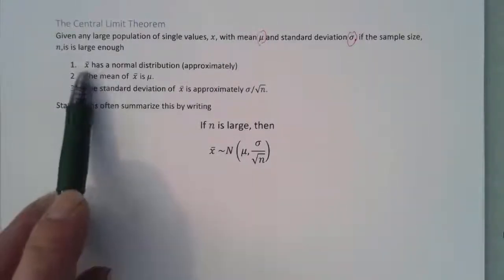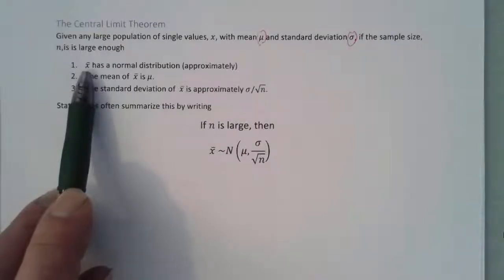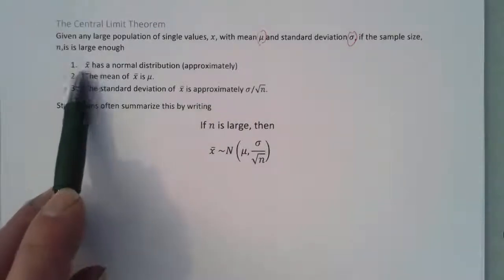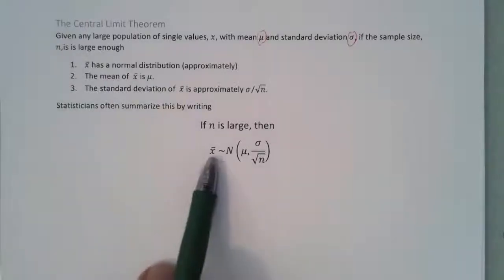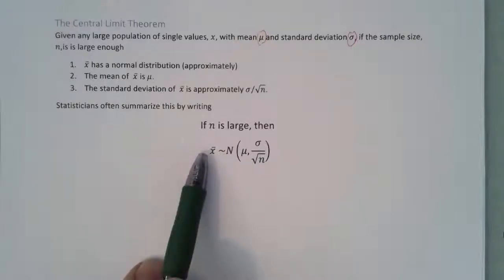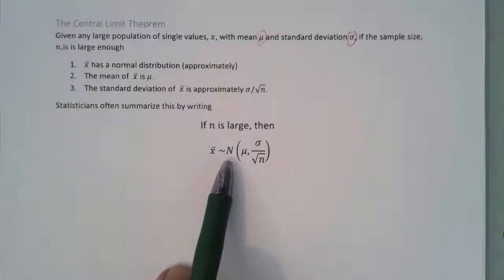For each one of those samples, we'll get an x bar. Now, if we take lots of samples of a particular size n, we will find out that the means of those samples of that particular size are normally distributed. That's what the cap N means. The x bars are normally distributed.